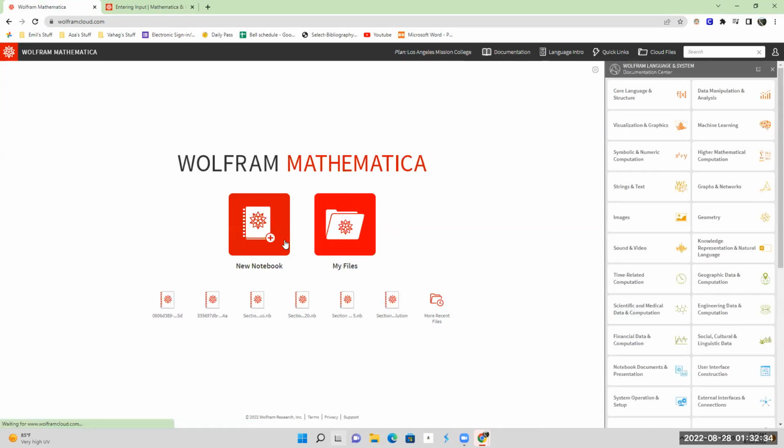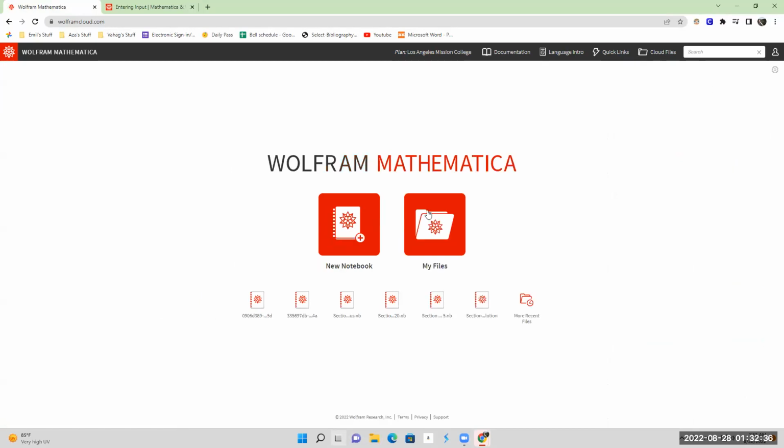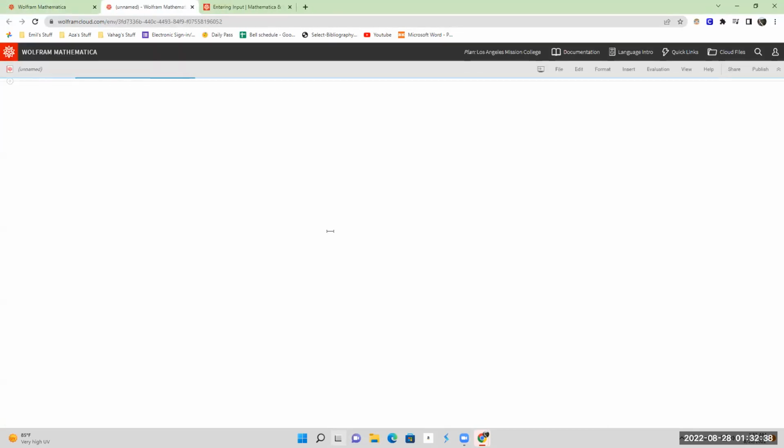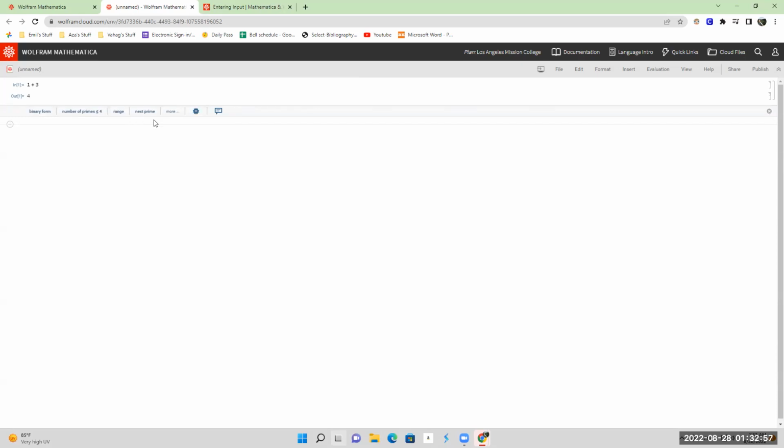So let me close this out and open a notebook. It's a little non-user friendly at the beginning, but you'll get used to it. So basically what happens is when we enter any mathematical command like 1 + 3, in order to evaluate that, we need to hold the shift key and hit enter.